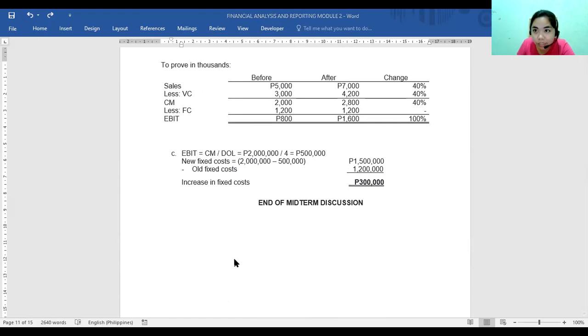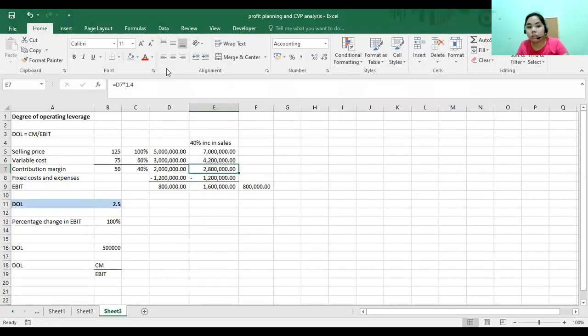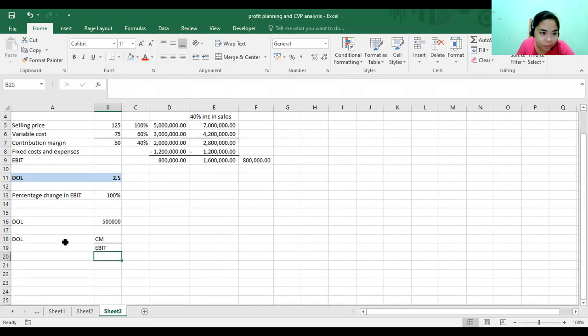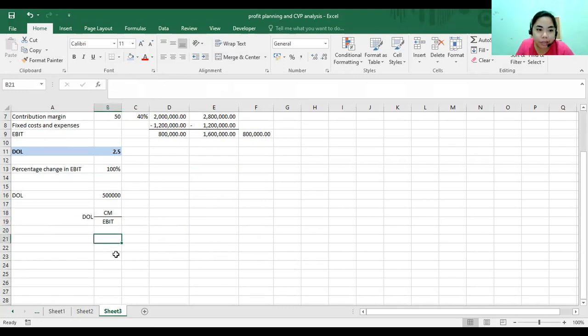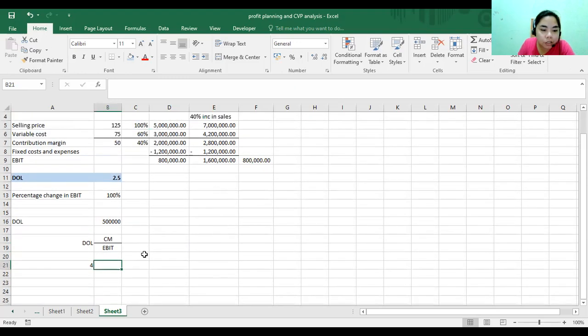So DOL is 4, and CM is the same, 2 million, over X.